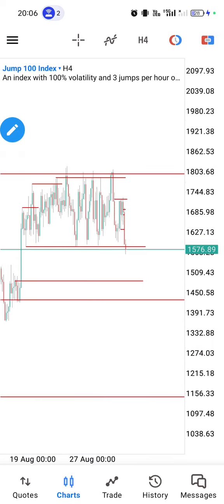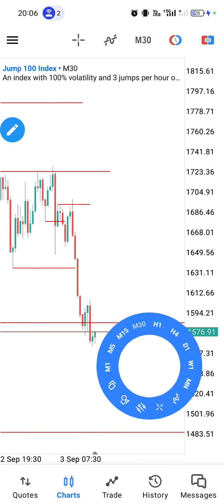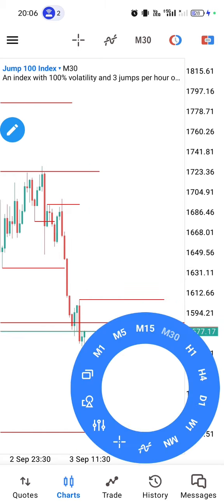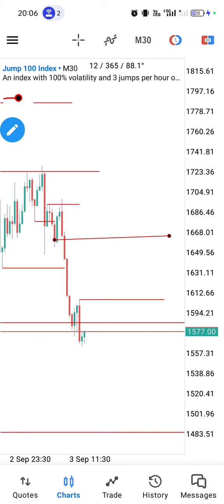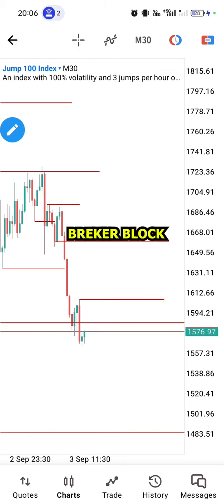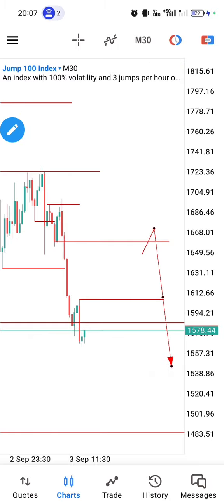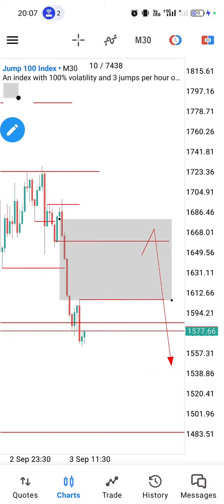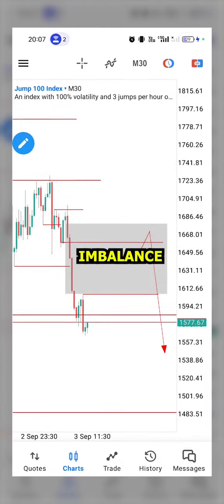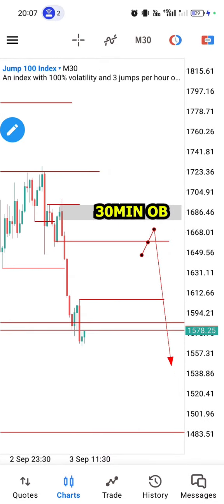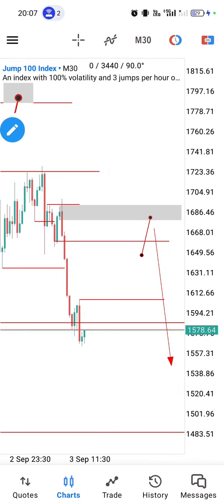But after price broke structure, we expect it to go above that high where there's buy side liquidity, back into the range, and then it hits the breaker block. You can see this breaker block has a void within that range, an imbalance, and there's also a 30-minute order block above that breaker block.